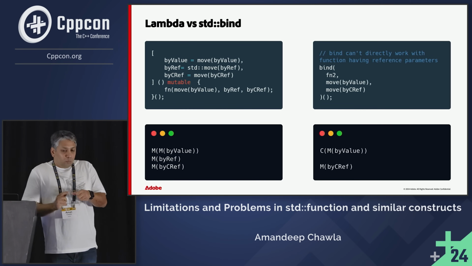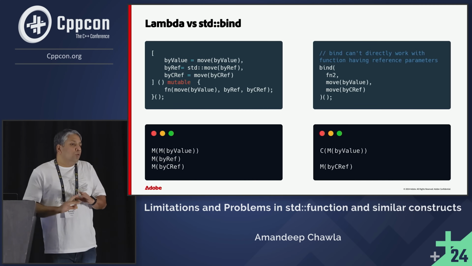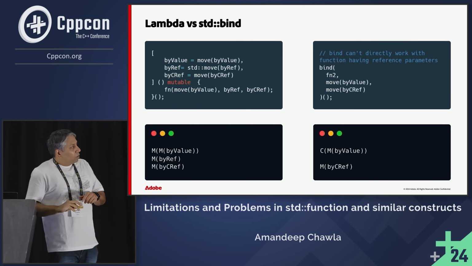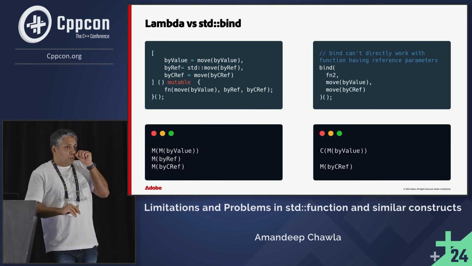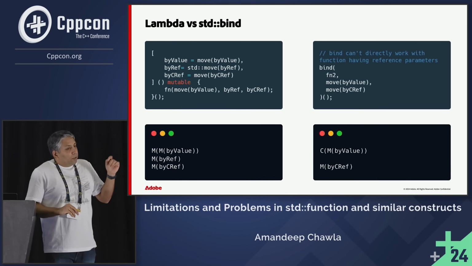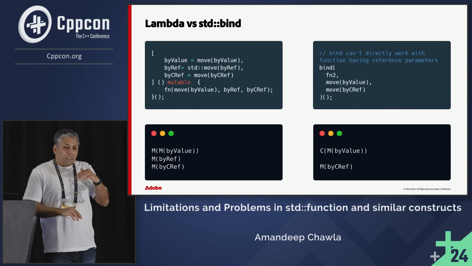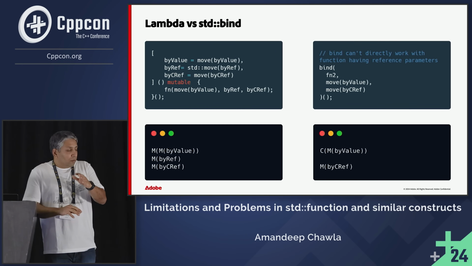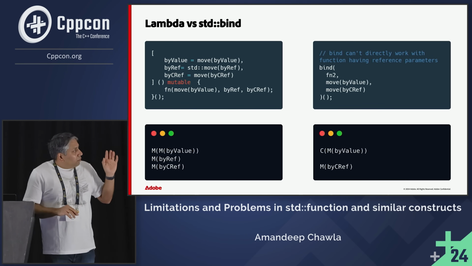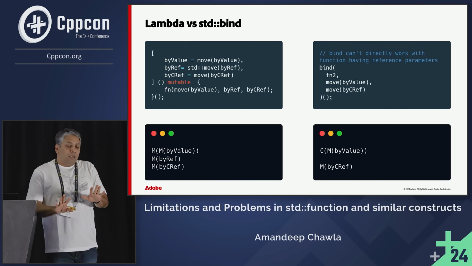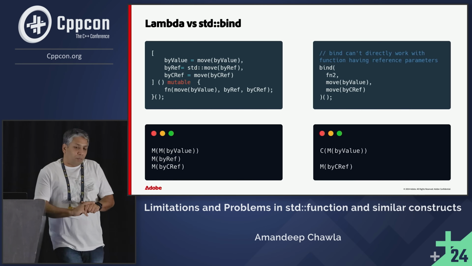But with bind, I'm moving by value, but when it is called, it is doing a copy, and there is no way I can prevent that. That is the biggest drawback of using bind if you are passing anything by value and trying to capture it. Even though I said please pass by value, or move it and then pass it by value, it is making an unnecessary copy.